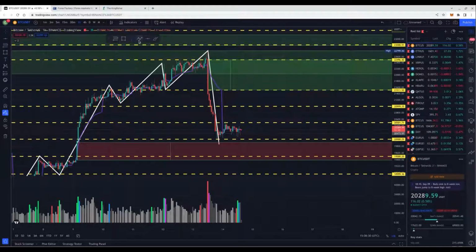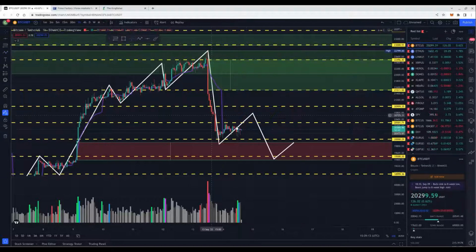So I would guess, following the same structure we have from the market maker, we will see a retrace of some kind. To invalidate this structure, it needs to go above 22.5. But there will be some kind of retrace in the near term, in the next coming days. And that's where the market maker will reverse price, going down for the second leg down and grabbing the imbalance in the chart. And then a little retrace and the third and final wave down, which we don't have to worry about now.